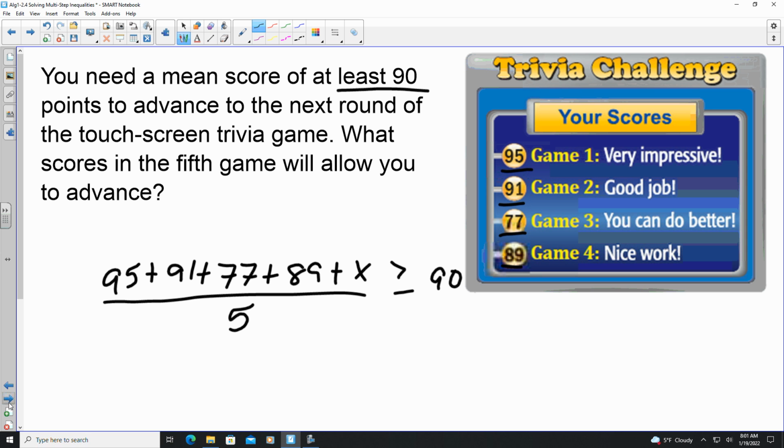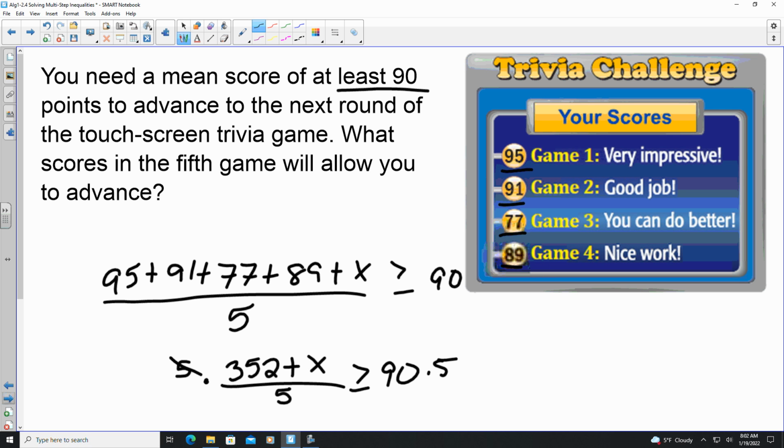So first thing I'm going to do is simply add up the values. 95 plus 91 plus 77 plus 89, I get 352, plus x, divided by 5 is greater than or equal to 90. In this situation, both the 352 and the x are being divided by 5. What I would advise, so we're not having fractions per se, is right off the bat, I'm going to multiply both sides by 5.